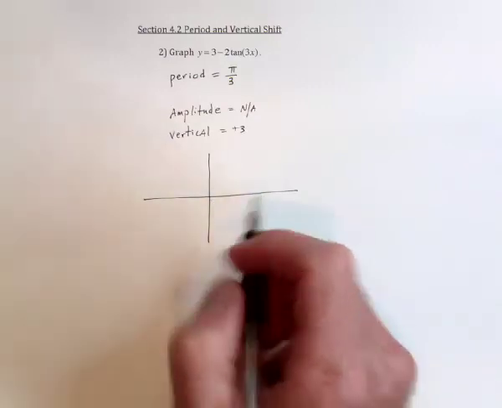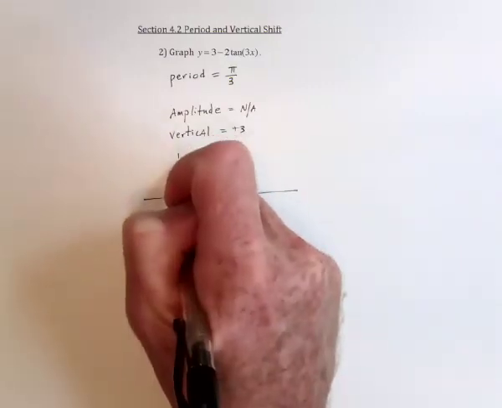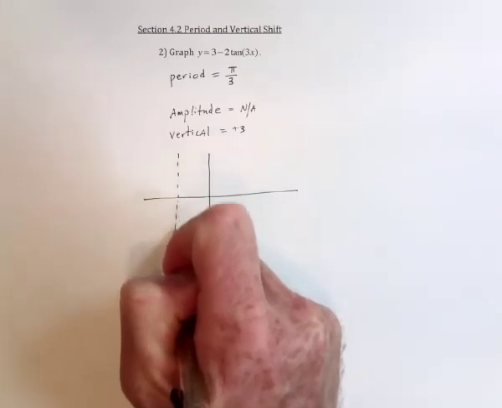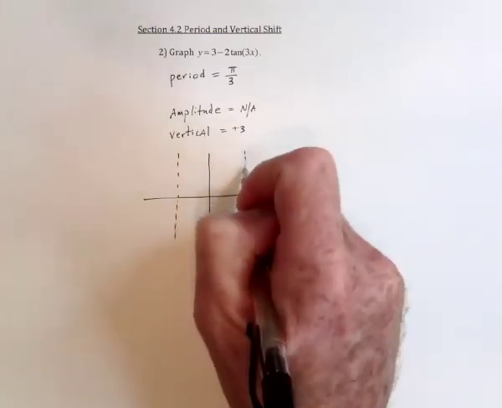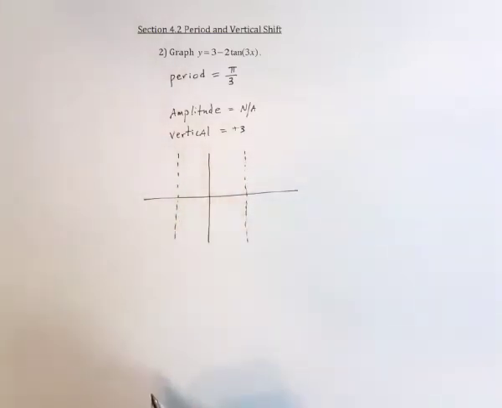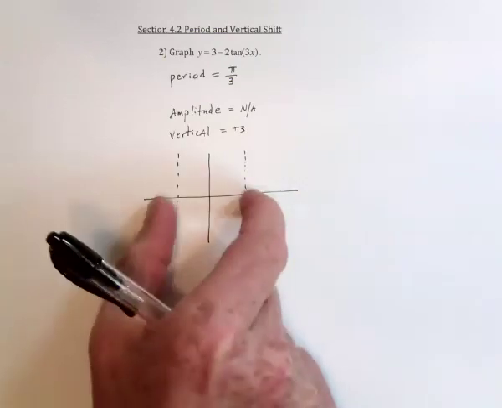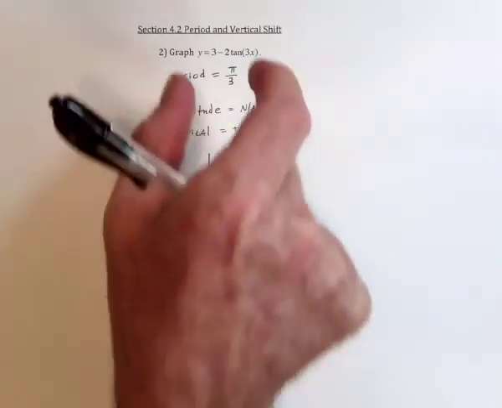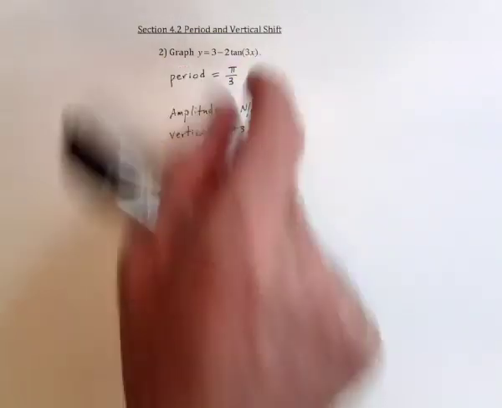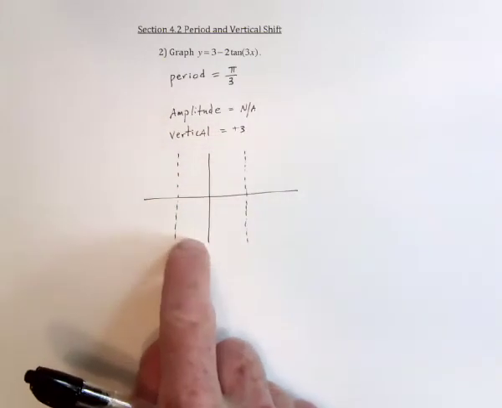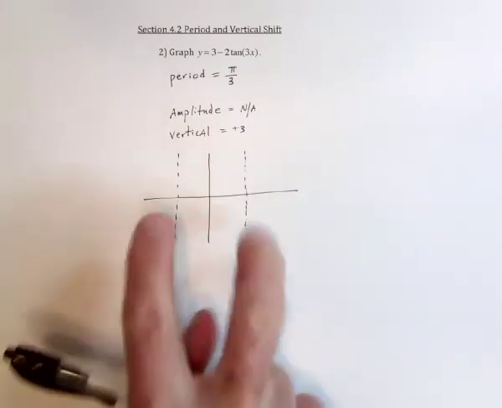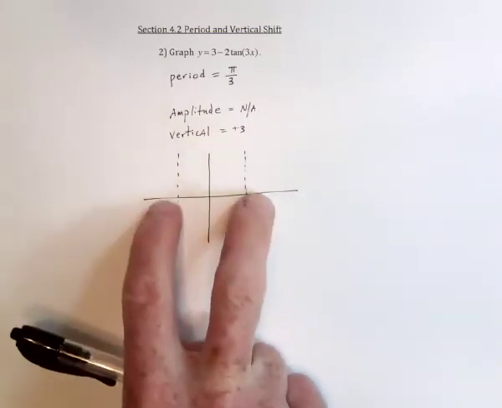With tangent, it's not quite so simple because tangent has asymptotes. Now, the length between the asymptotes has to be the period. So we're going to draw one graph of tangent in here, and the length has to be pi over 3.